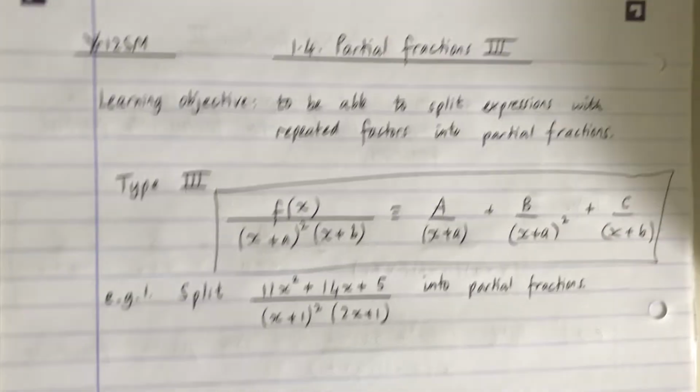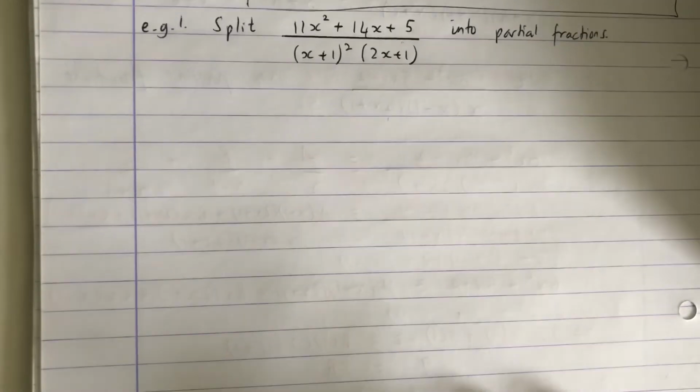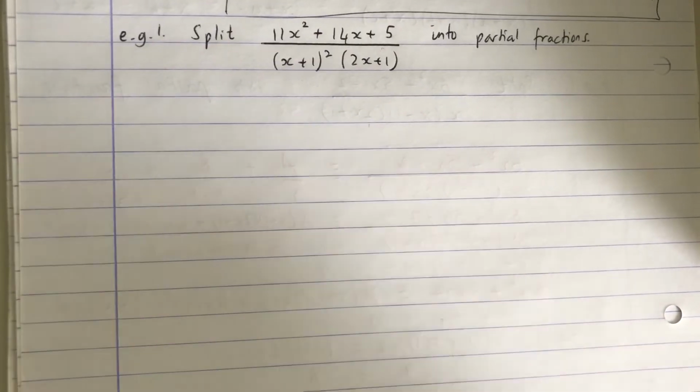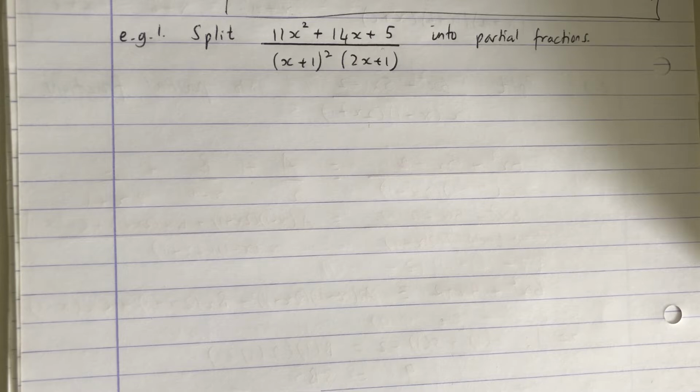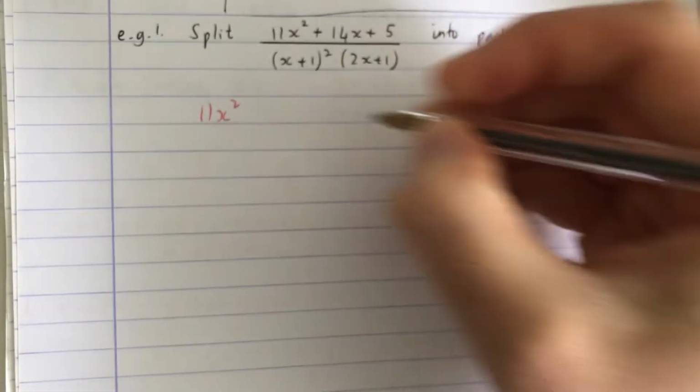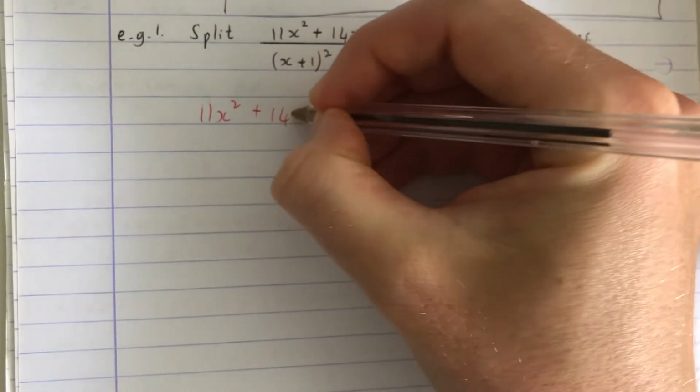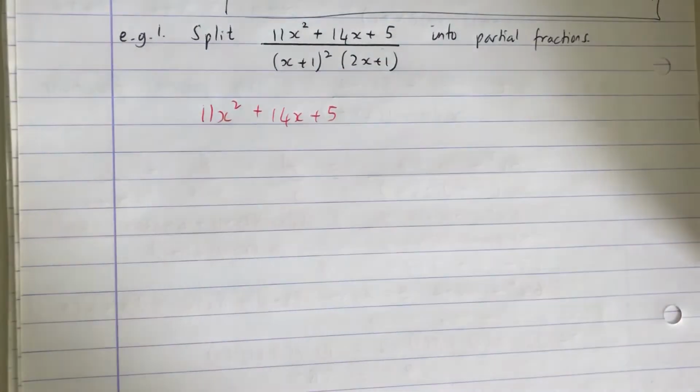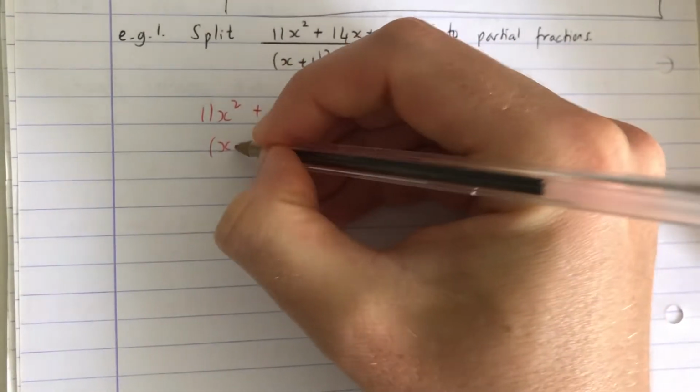And an example will look something like this. We have to split 11x squared plus 14x plus 5 over x plus 1 squared 2x plus 1 into partial fractions. So firstly, you recognise the denominator has a repeated factor. X plus 1 is repeated.